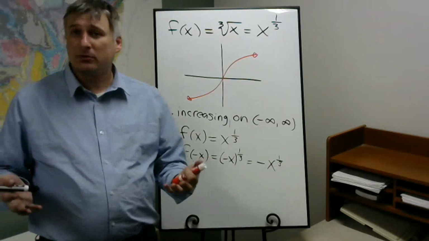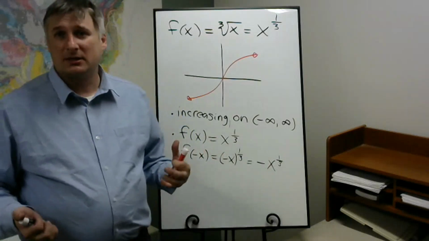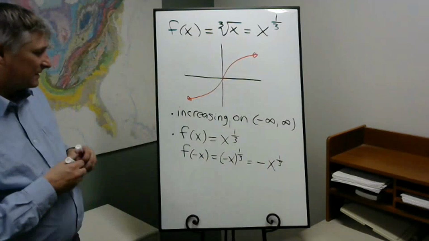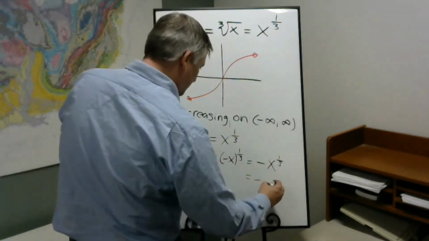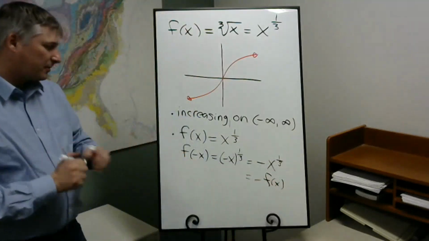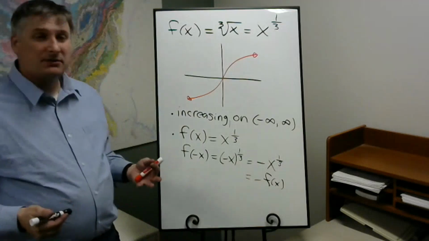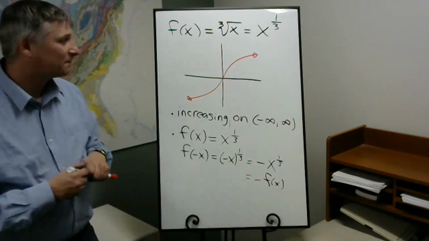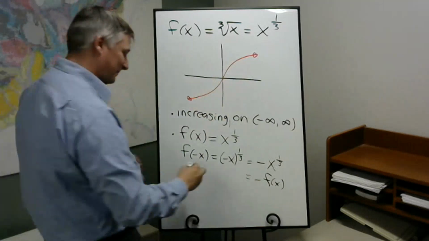You can try this. The cube root of -8 is -2, while the cube root of 8 is +2. So f of negative x gives you negative f of x. What this means is we have symmetry across the origin. So a point here is also going to be found down here.